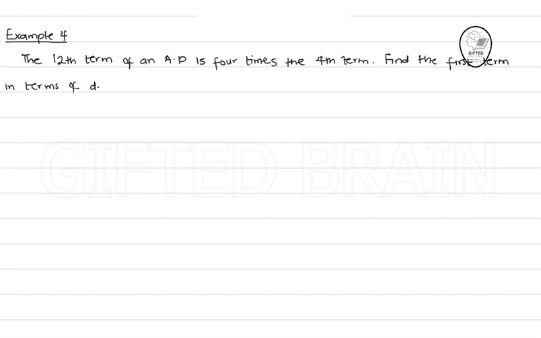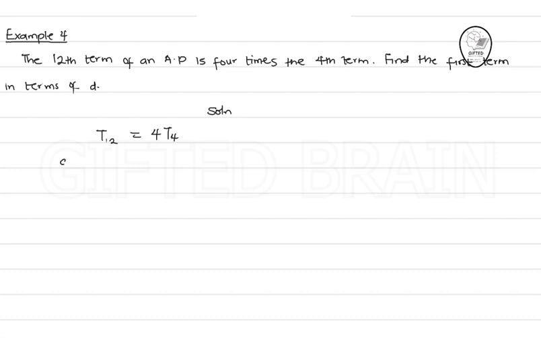Example 4 says the 12th term of an AP is 4 times the 4th term. Find the first term in terms of D. First of all, establish the condition given to us: T12 is 4 times the 4th term. Again, what's your T12?